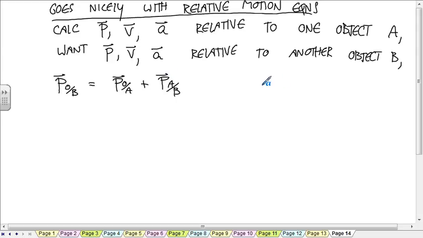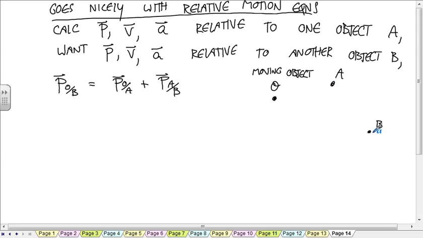Okay, so if this is A, this is B, and this is the moving object, O, then say that you're on A with a video camera, and you're measuring these properties of O, of this object, relative to where you're standing.